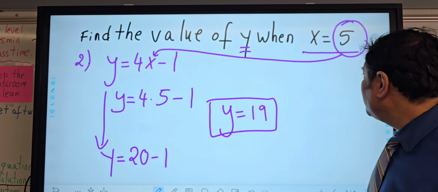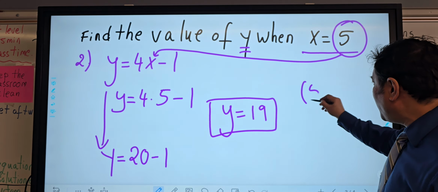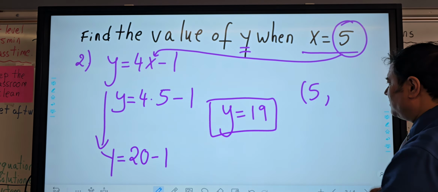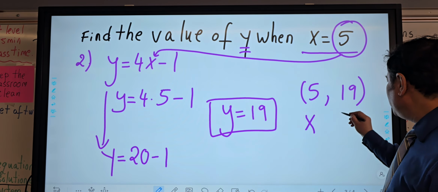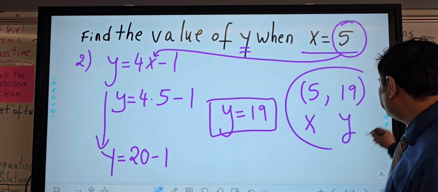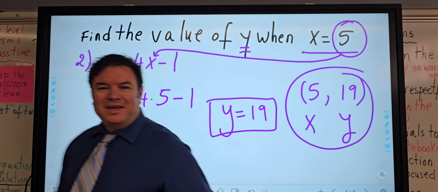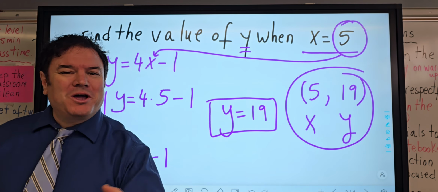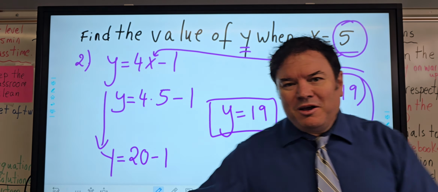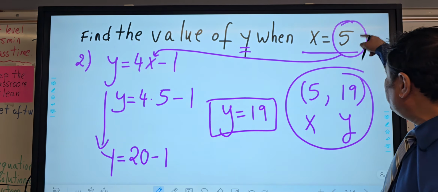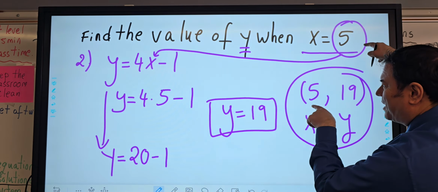And remember, the input is x, which is 5, and the output is y, which is 19. This is our x, and this is our y. Okay? I hope you are getting very clear about this operation with functions. Remember, for each input, there is exactly one output.